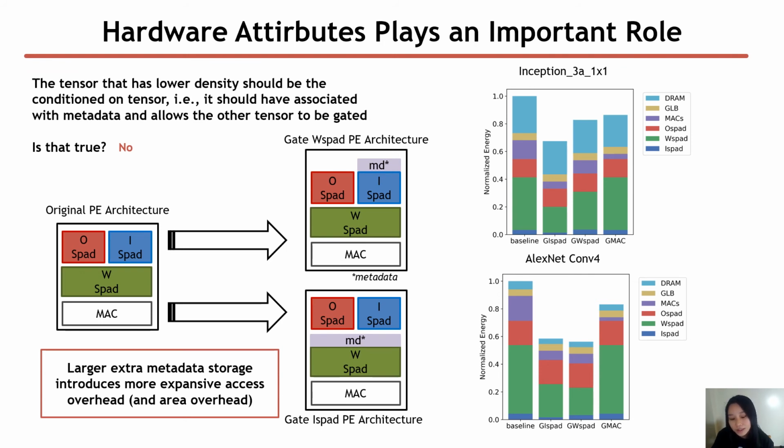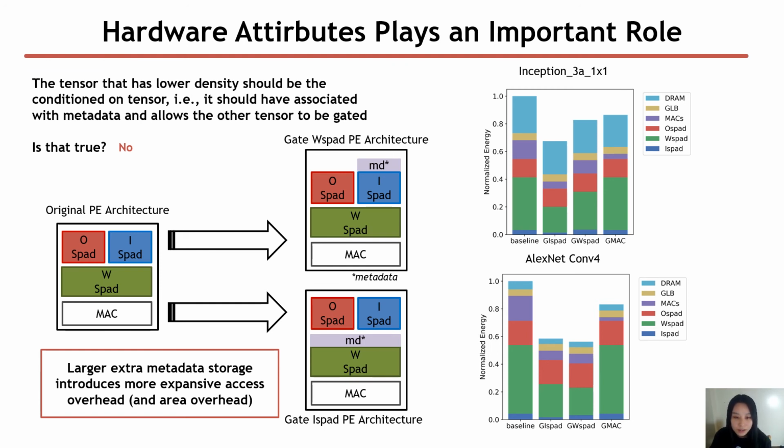So not only is gating input scratch pad giving you more energy consumption due to the larger metadata scratch pad associated with the weight scratch pad, it is also giving us more area overhead because of the larger metadata scratch pad that needs to be added.